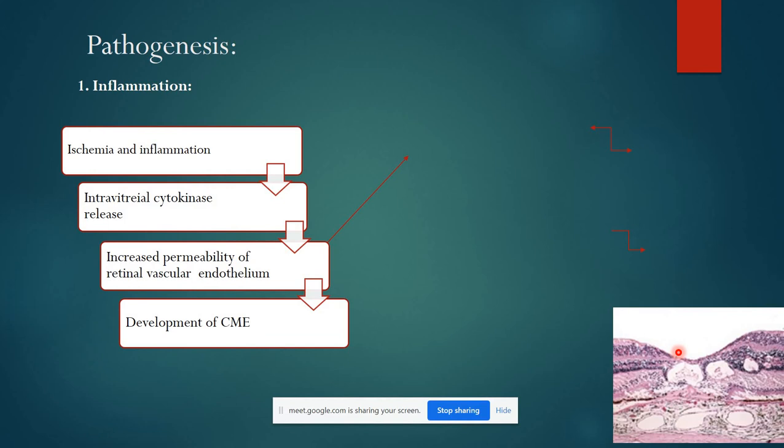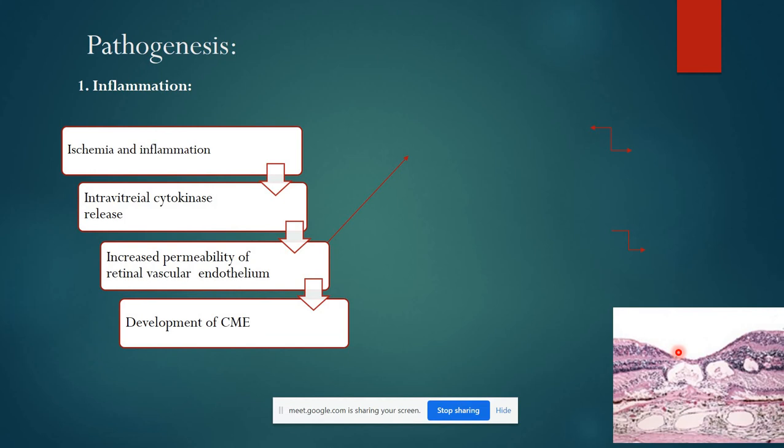So there are ischemic changes. Ischemia is a lack of blood supply and oxygen, which is going to increase inflammation, and there is an increase in cytokine release.